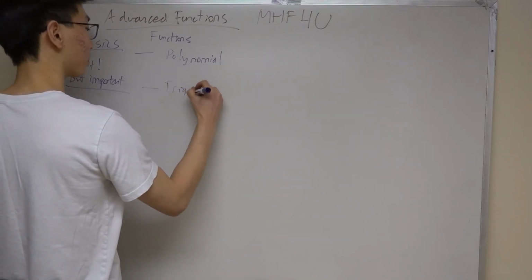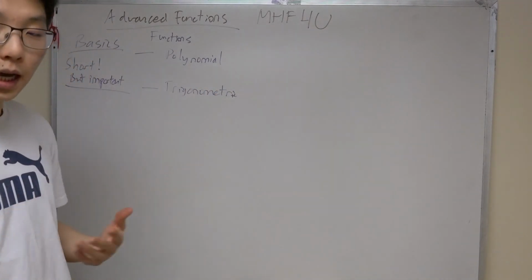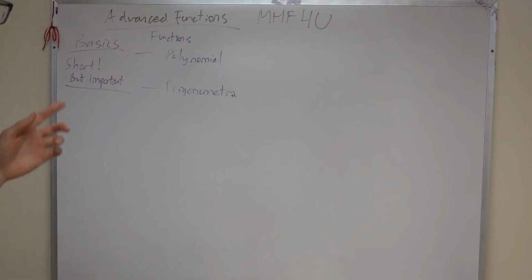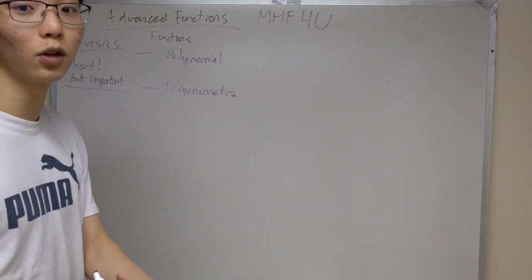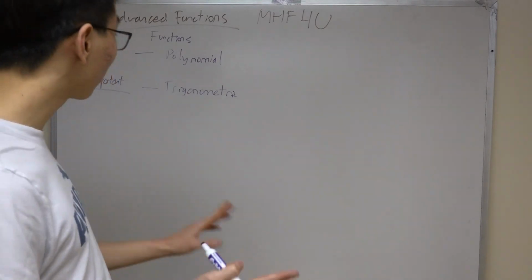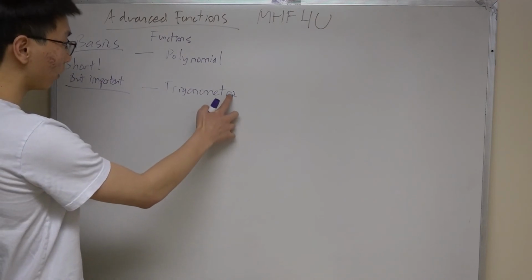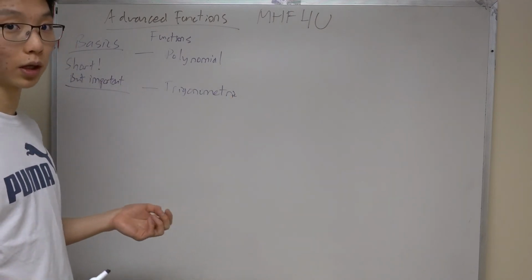Trigonometric. So yeah, you probably work with sine, cosine, tan, but we're going to work with also the inverse of sine, the inverse of cosine, the inverse of tan, secant, cosecant, cotan. None of those might actually make any sense to you right now, but that's a brief overview of everything that you're going to be doing in trig.